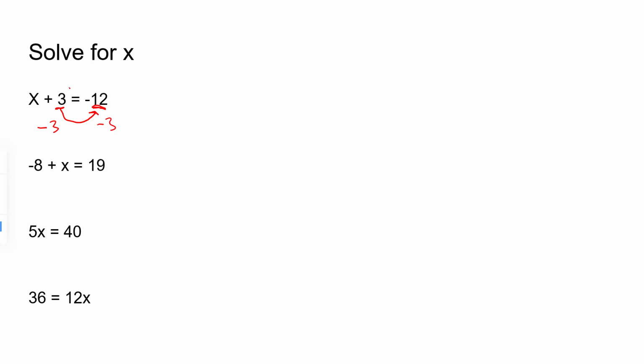So now we have eliminated the 3 on this side, and we have combined the 3 on this side. Now when we combine minus 12 minus 3, we get minus 15. That's what x is equal to. Sorry, kind of scrunched in that equal sign there. So x is equal to minus 15, or negative 15.